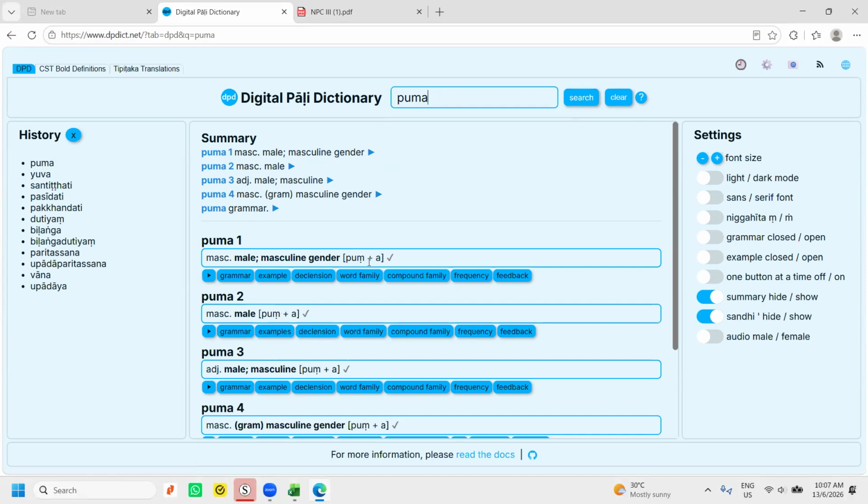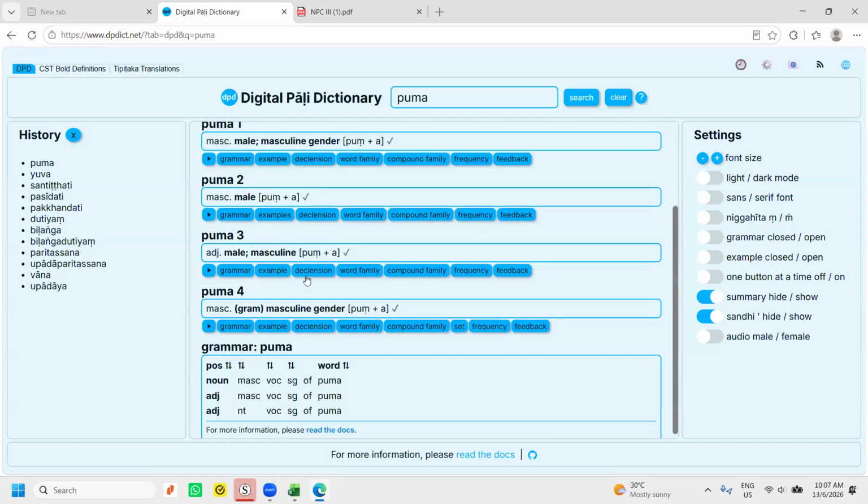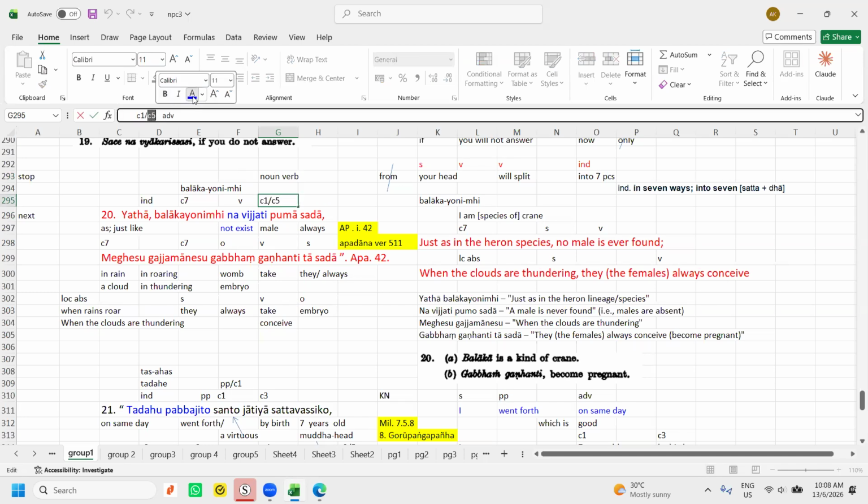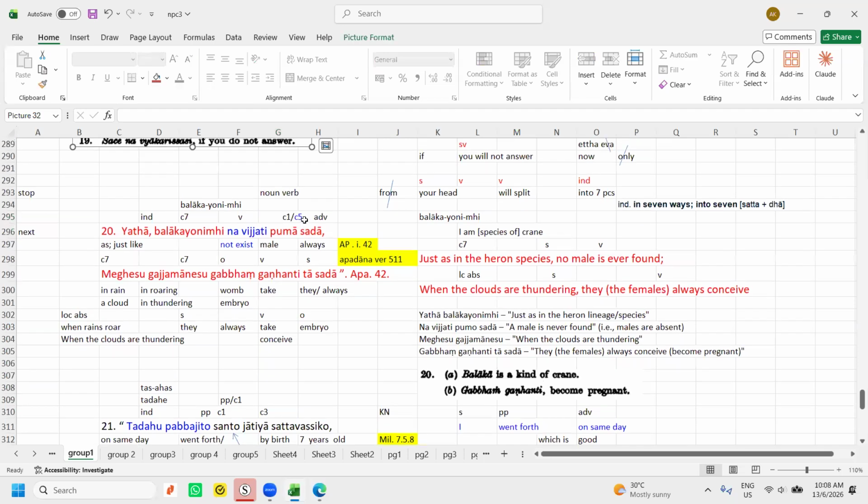Pum is masculine. So if you look carefully, technically it cannot be, because the noun and the verb must agree. So this one and this one cannot agree. So this one has to be ablative.